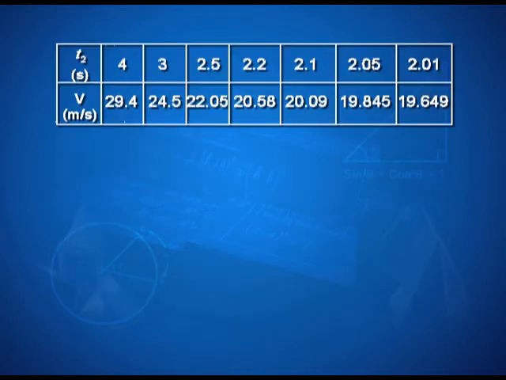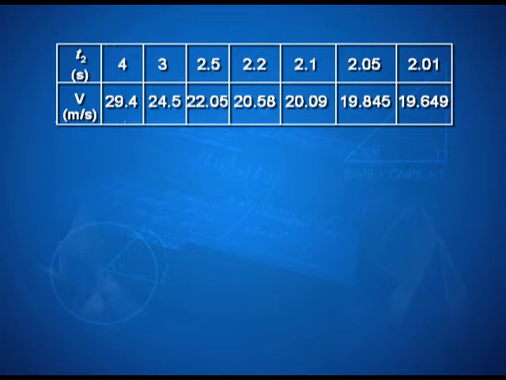Here in the table you can note t2 is 4 seconds, velocity is 29.4 meters per second. When it is 3 seconds, it becomes 24.5 meters per second. For 2.5, it reduces to 22.05 meters per second. For 2.2, it is 20.58 meters per second.